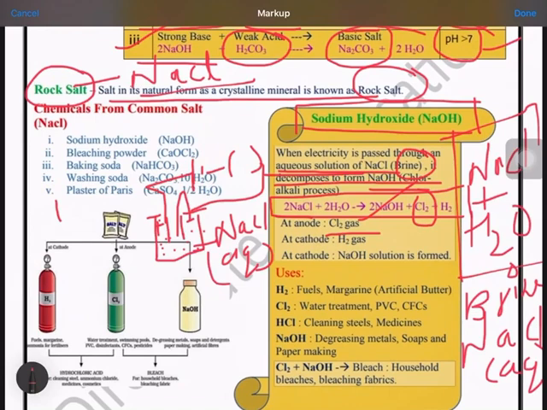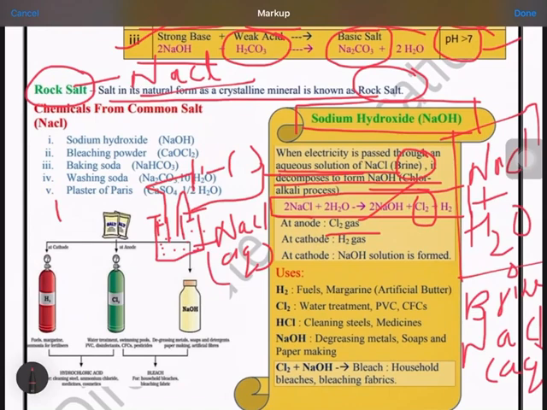When electricity is passed through an aqueous solution of sodium chloride, it decomposes to form sodium hydroxide, and this is known as the chloroalkali process.